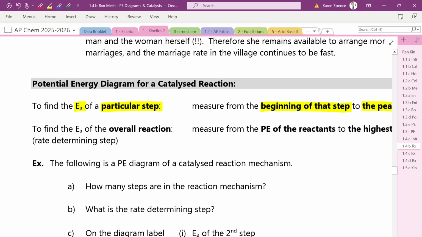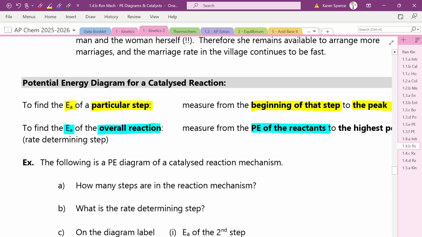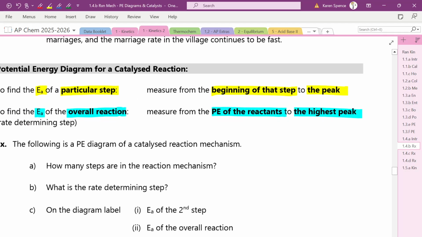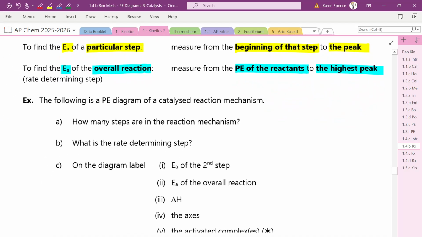And for that one, you measure from the start of that peak to the end of that peak. But if you want the overall reaction, you have to start from the original potential energy of the reactants and go up all the way to the highest peak. Okay, and we'll show an example of that on the next page.